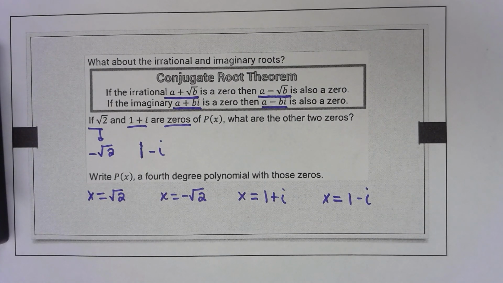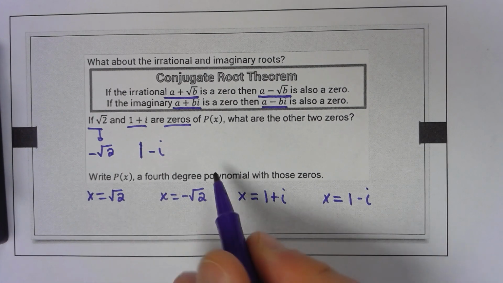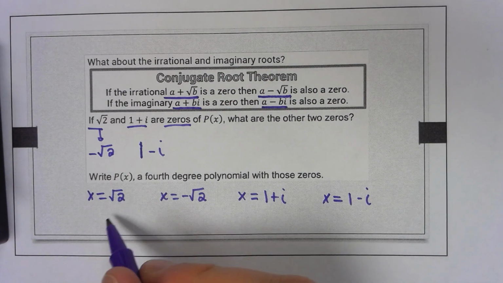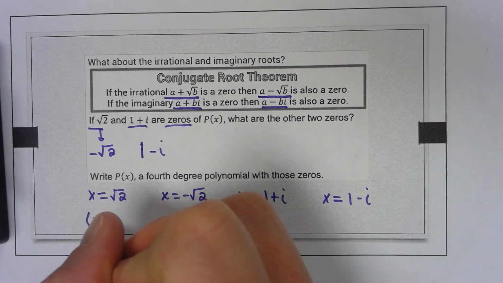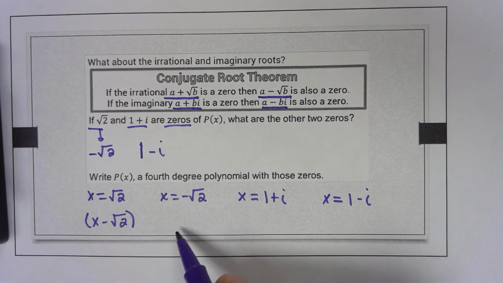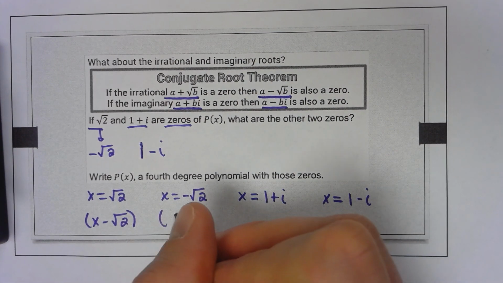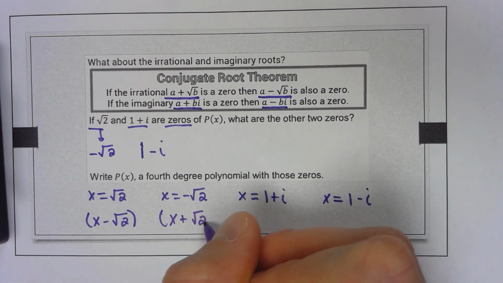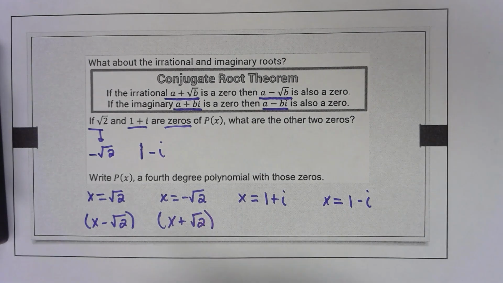And I know that I get solutions from factors, right? And we set factors equal to 0 to get solutions. So what I'm going to do is work to get the right side to be 0 by subtracting root 2, giving me a factor of x minus root 2. And then adding root 2 makes that right side 0, giving me a factor of x plus root 2.